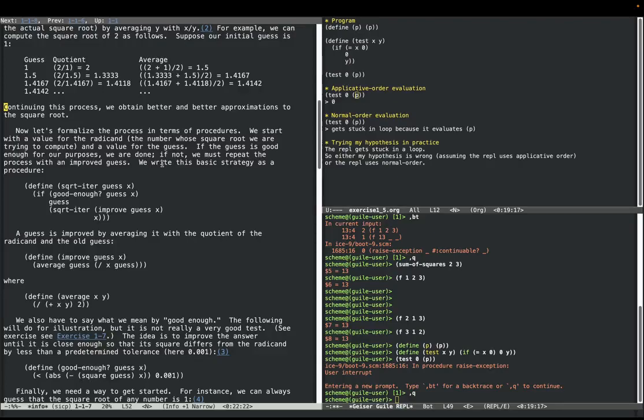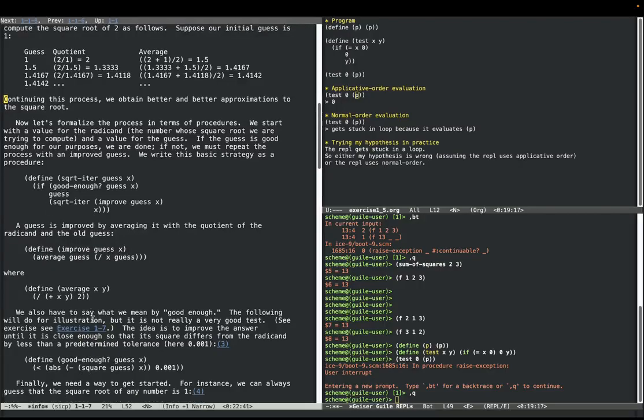If not, we must repeat the process with an improved guess. We write this basic strategy as a procedure. Define sqrt-iter guess x: if good-enough, guess, else sqrt-iter, improve guess. A guess is improved by averaging it with the quotient of the radicand and the old guess, where define average x y, divide. Okay, yeah, so this just, okay.